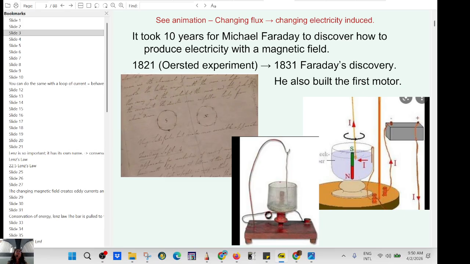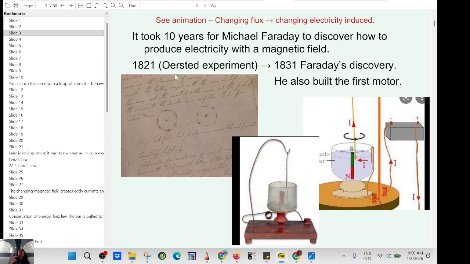So it's about Michael Faraday. In 1821, Oersted discovered by chance that electricity can produce magnetism. So then, of course, the question was, if electricity can produce magnetism, then obviously you should be able to do the reverse.